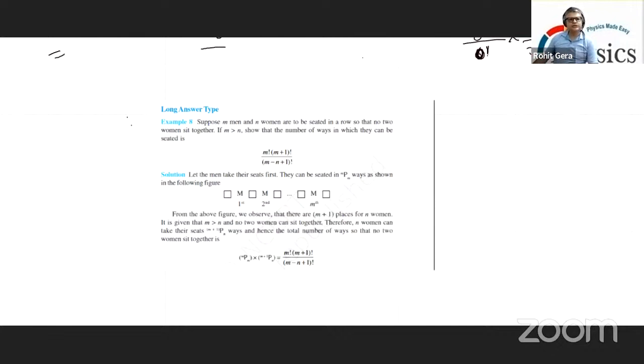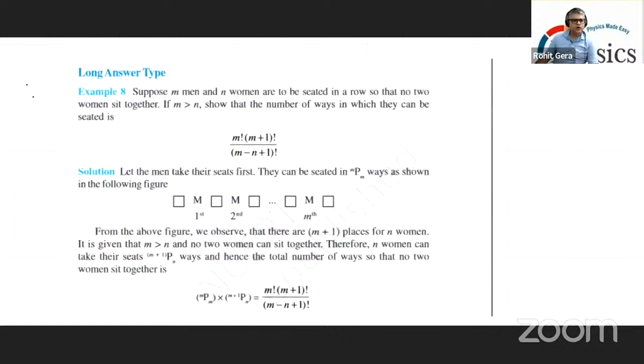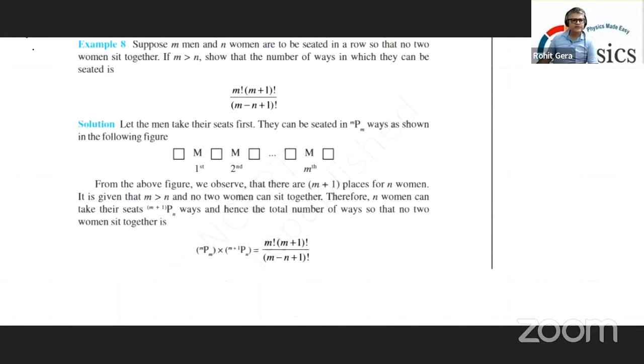No two women should sit together. So men alternatively are sitting. So how many places are there for women? Men take the first seat. So M men can be seated in M ways.